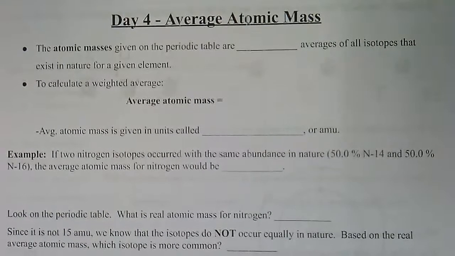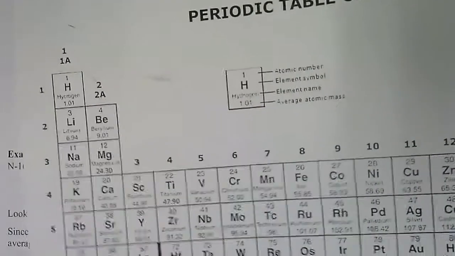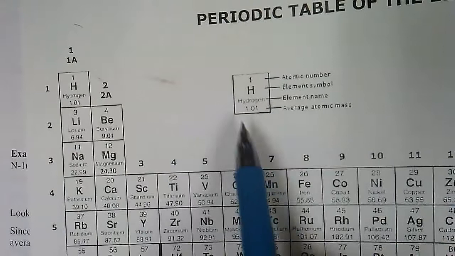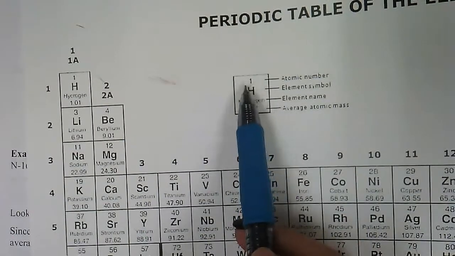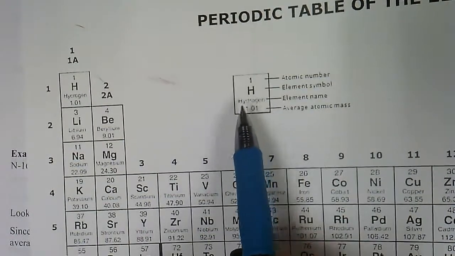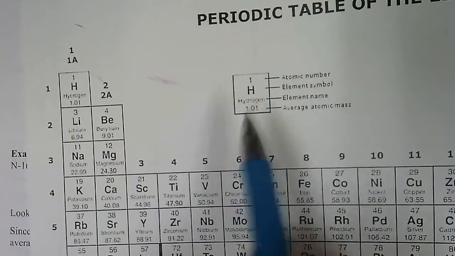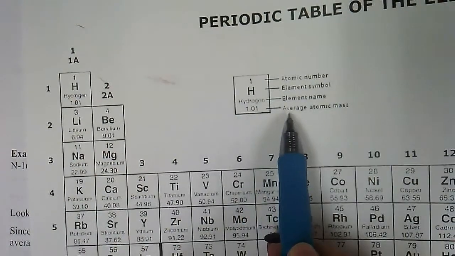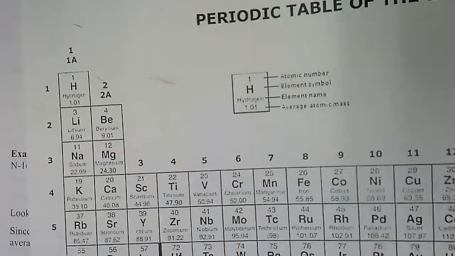So on here we have our handy dandy periodic table, and you'll notice our periodic table gives us an example of hydrogen, and it tells us that the 1 up here represents our atomic number. We have our element symbol, the element name, and then you'll notice right here it says the average atomic mass, okay?